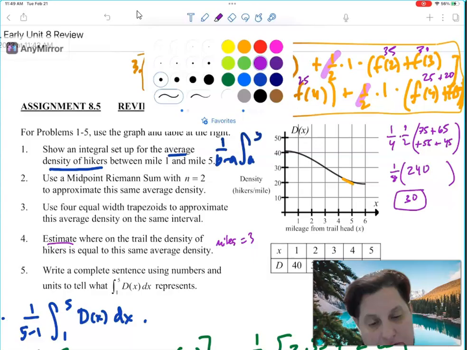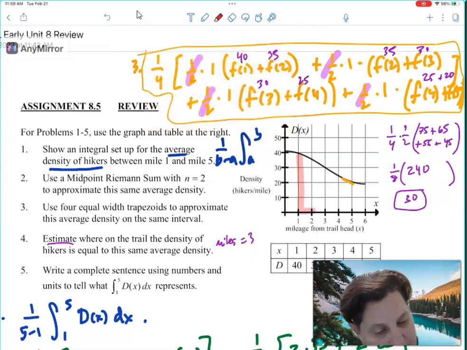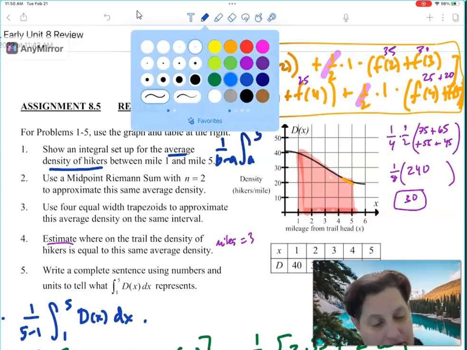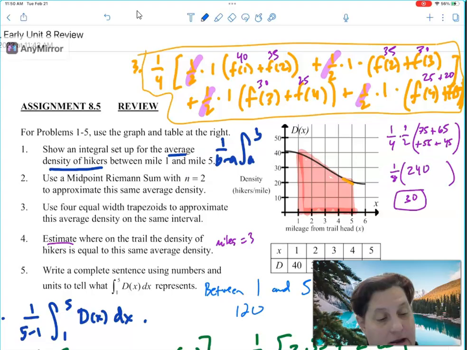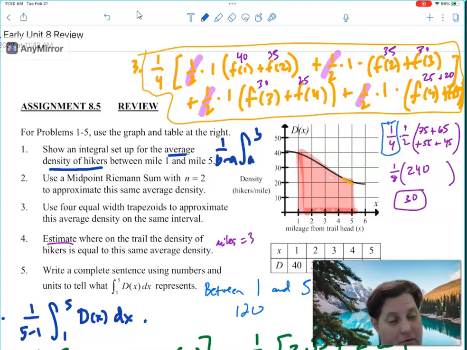Okay, so here's where we've got to be careful. The integral of this, now not with the 1 over b minus a, this one's just the integral. Remember, integral is like an accumulation of hikers. So between 1 and 5 miles, there are 120.